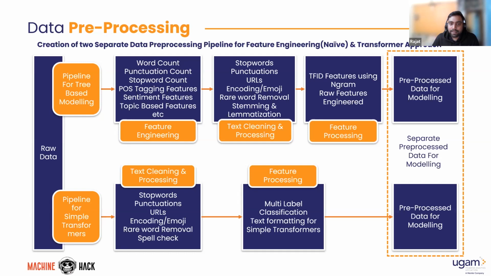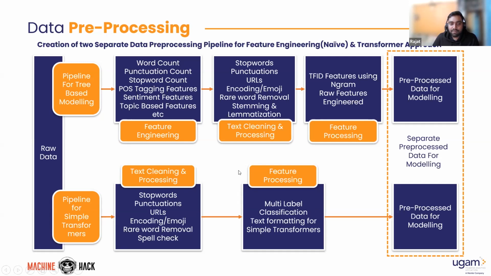Then in the text cleaning and processing approach, I removed the stop words and punctuations, and then used stemming and lemmatization. And lastly, to create my modeling features for this naive approach, I used TF-IDF features using the n-gram technique. And we have the raw engineered features, which were the word count and everything. So this is my first pipeline, which I intended to use in the modeling approach.